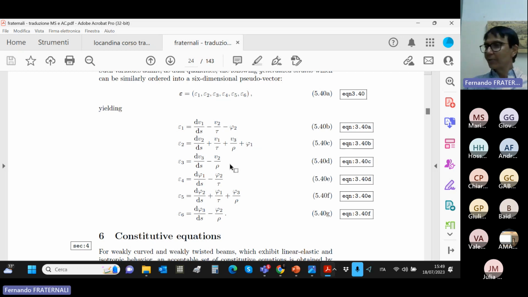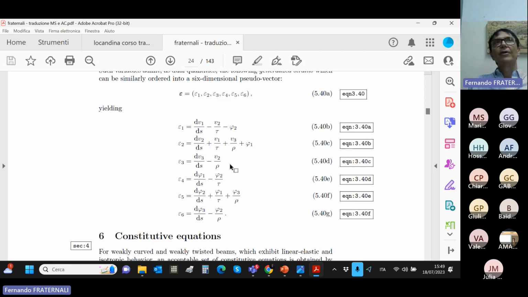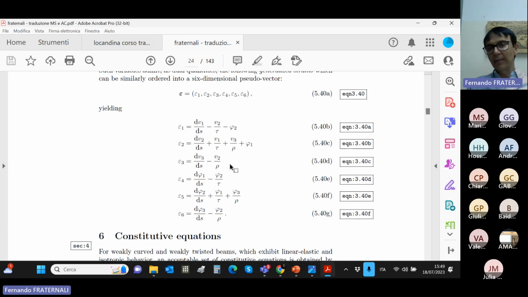And this also explains why, in these expressions, which we would define as the compatibility equations of the beam, the equations give the generalized strains as a function of the displacements.